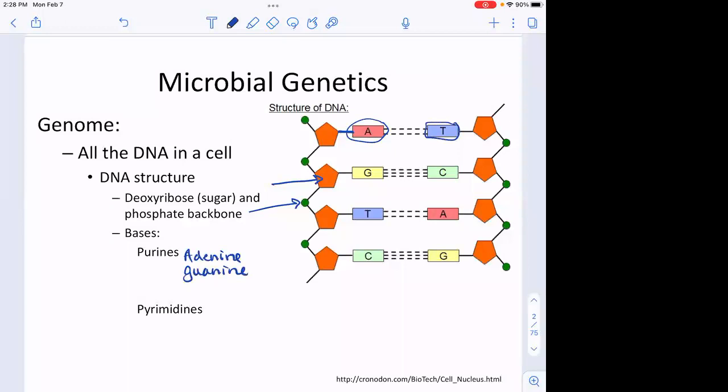I remember that because I went to an ag school, and I always say Aggies are pure. I don't know, that's what helps me remember adenine, guanine, they're purines. And then cytosine and thymine, they're the pyrimidines. Of course the A's always bind the T's with 2 hydrogen bonds. And the G's always bond to the C's. You can see that there's 3 hydrogen bonds.